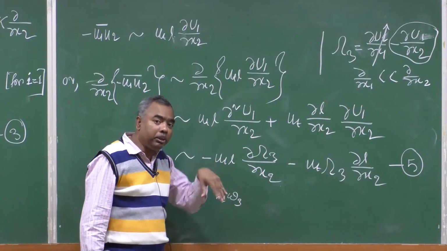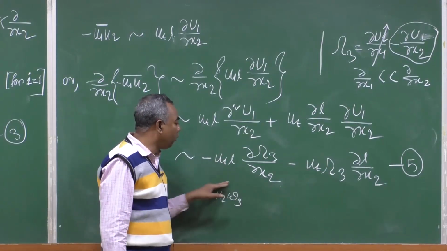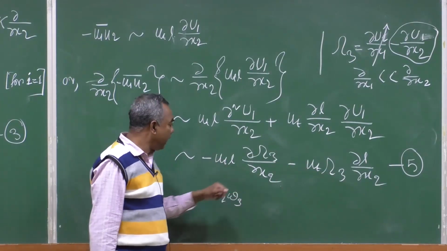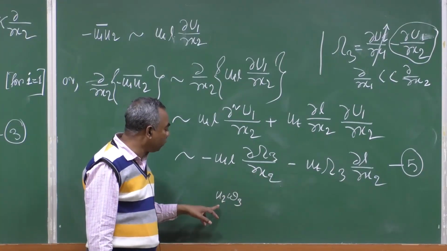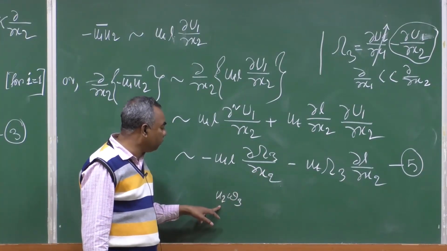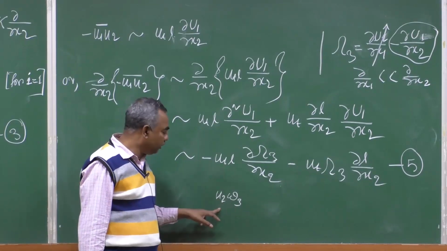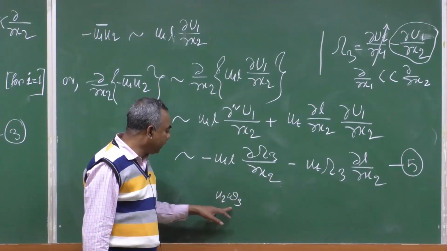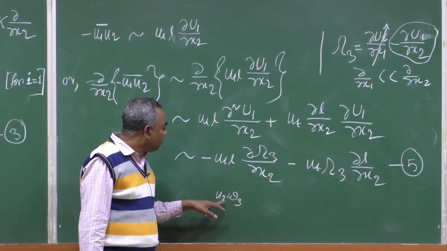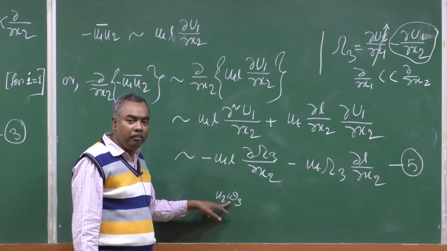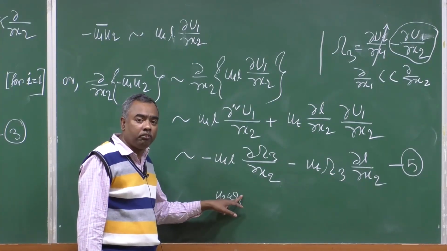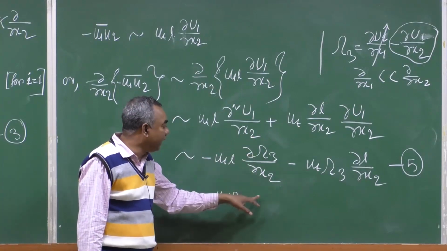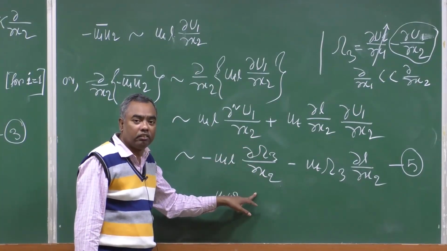Then using this mixing length theory, analogously we can say that this particular term is also equivalent to u2 omega 3. Why? Because this term can then be written as transport of omega 3 by u2 in the direction of this gradient along the x2 direction.